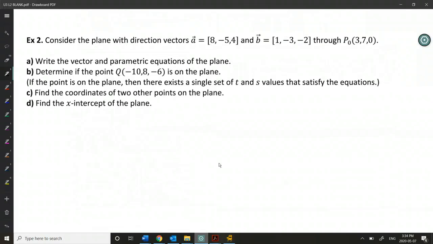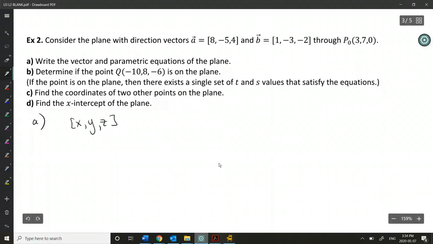Let's take a look at another example. Here we're given the 2 direction vectors and a point on the plane, and we're going to start by writing vector and parametric equations of this plane. This should be pretty easy since we already have this in terms of direction vectors, and we have a point which we can use for a position vector.